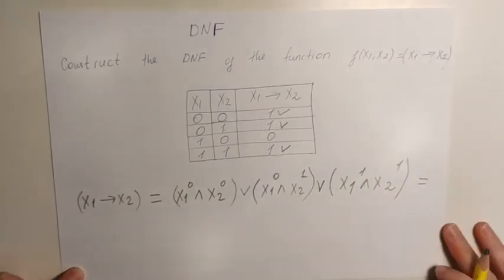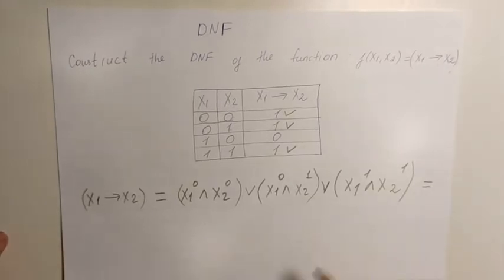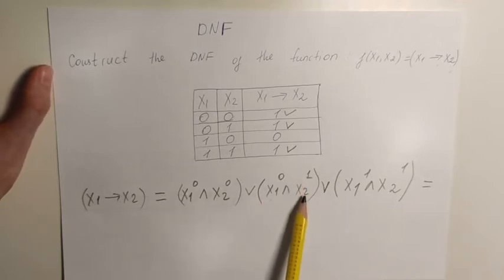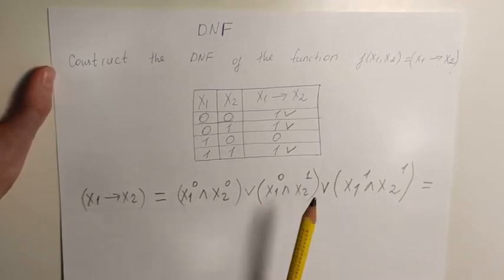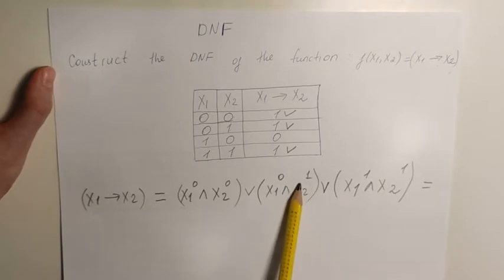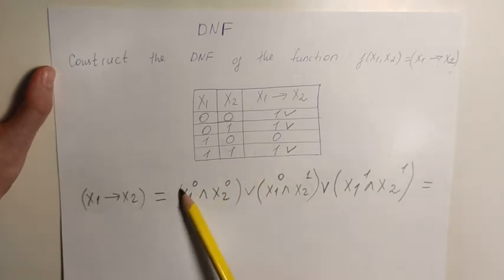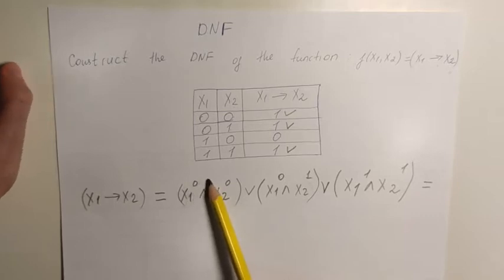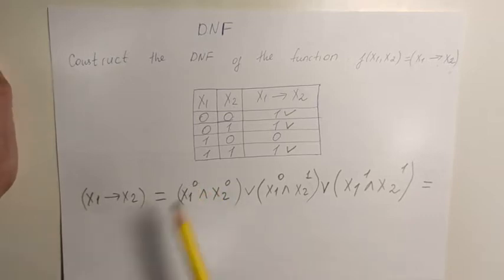In DNF, if the truth value of a variable is equal to 1, we write it as itself. We don't change it. But if a variable is equal to 0, we will replace this variable by its negation.